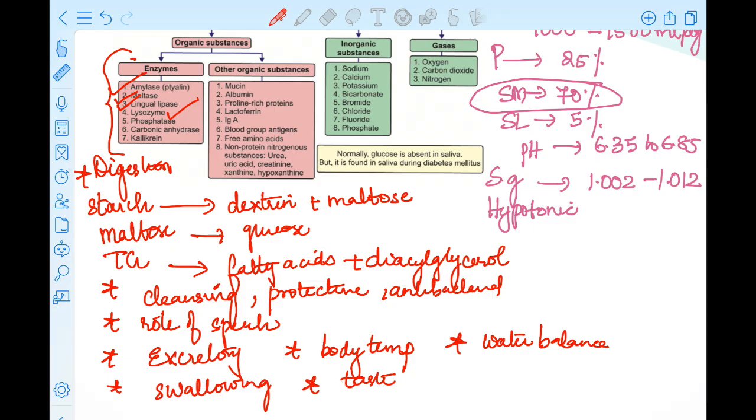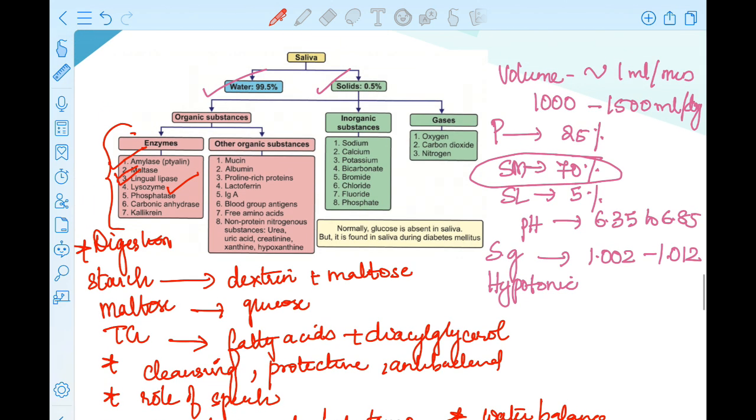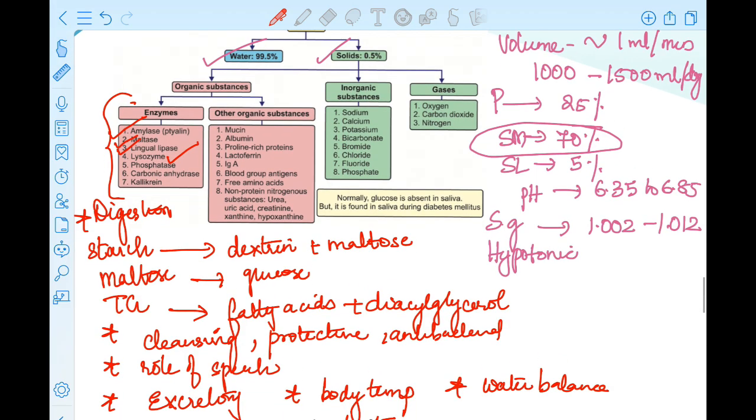And there is one more important topic to be covered here, which I will cover in the next session because that is the regulation of salivary secretion. So, in today's session, we learned about how the entire GI tract looks like, what is its composition, what are the layers, and what is the innervation or nervous supply to the GIT. And we also saw what saliva is, what is the composition, what are the properties, and functions of saliva.